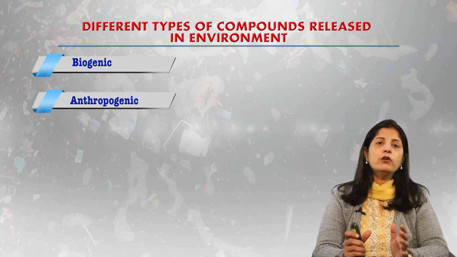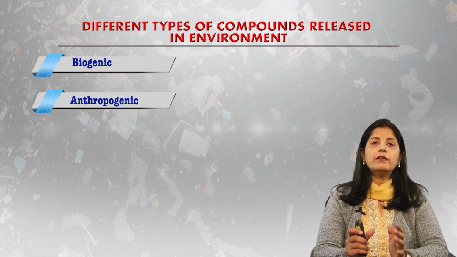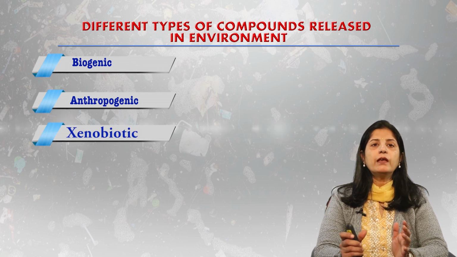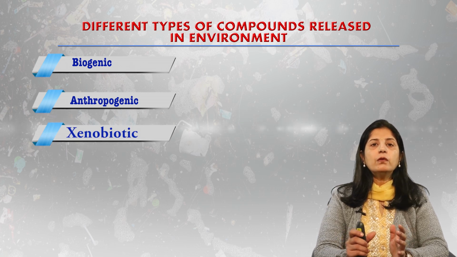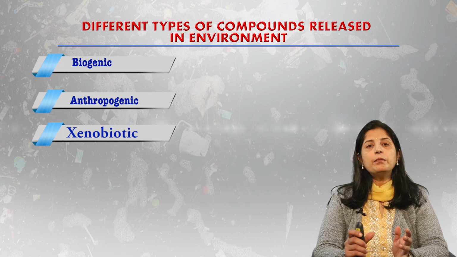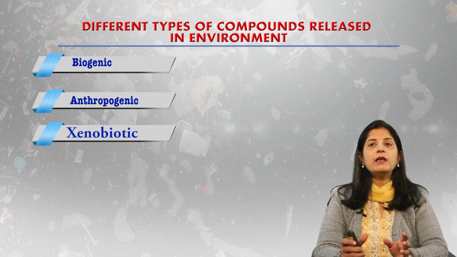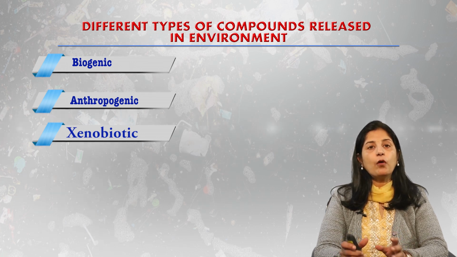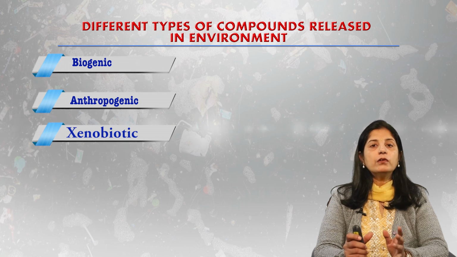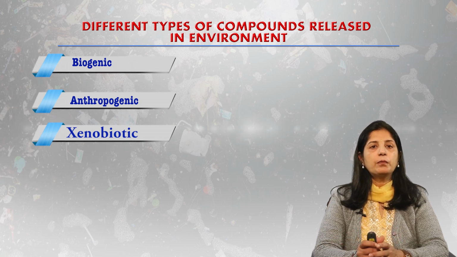Now, any human made synthetic compound is known as xenobiotics. Many of the xenobiotics are similar to the natural products, but there may be some which have novel structural features which are not normally found in nature. So, that is where they cause problems.